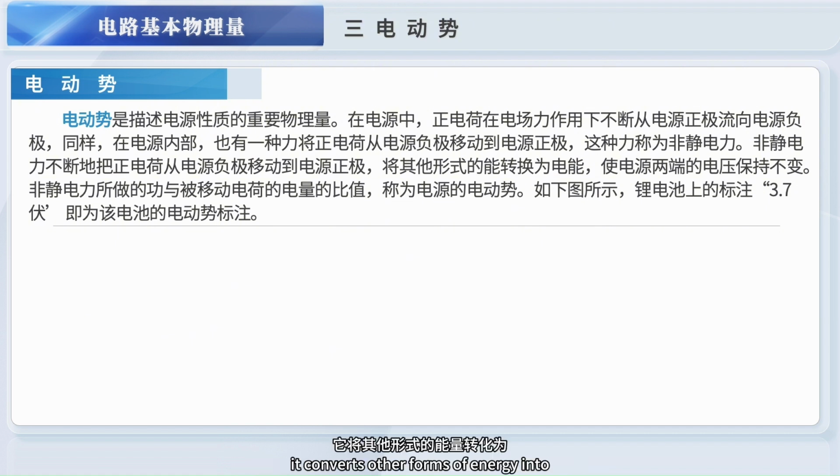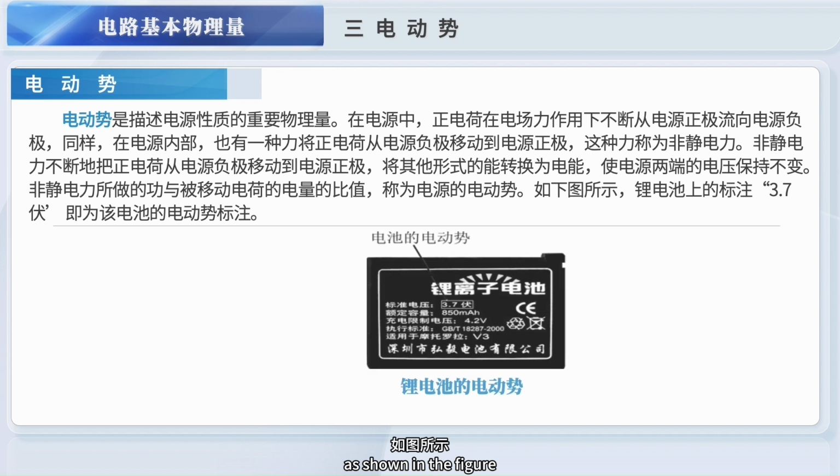It converts other forms of energy into electrical energy to keep the voltage across the power supply constant. The ratio of work done by the non-electrostatic force to the amount of electricity of the moved charge is called the electromotive force of the power supply. As shown in the figure, the 3.7 volts on the lithium battery is the electromotive force of the battery.